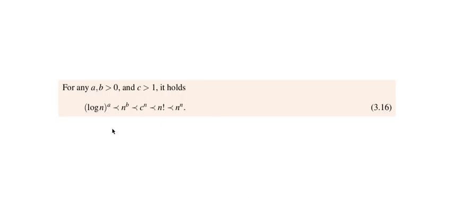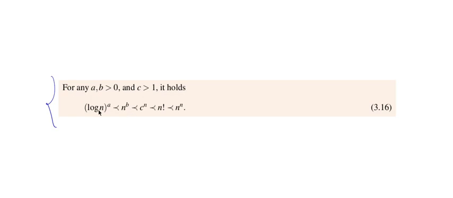Okay, so the last thing I want to tell you is that, and I think we will prove this in some of the exercises, this is a hierarchy of negligible sequences, which is very useful for calculations. The logarithm of n to any positive number a is negligible in comparison with n to any positive number b.